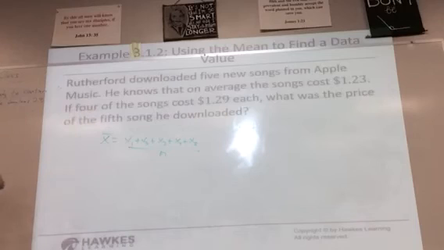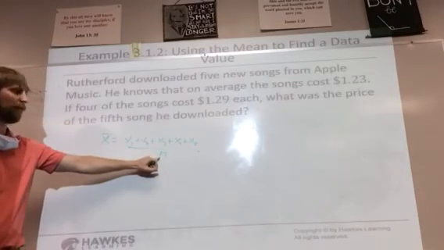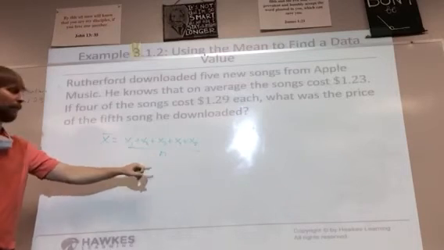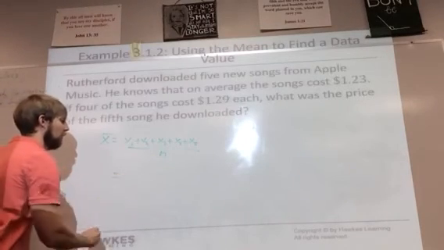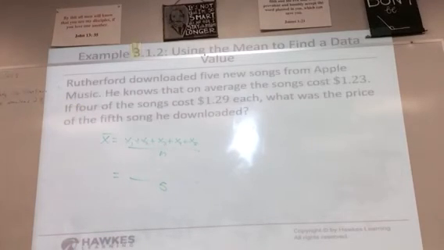But we know in this case, how many songs did he download? 5. So right away I know I can stop at 5 on top here, and I know the bottom number is 5, right? n is 5. So I can fill in 5 as that n. Gabe, what's x bar?